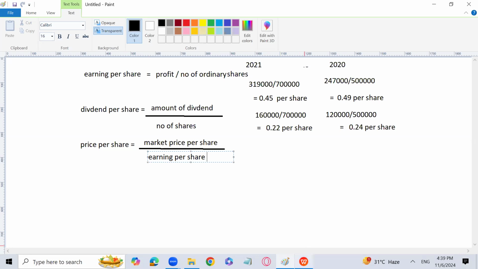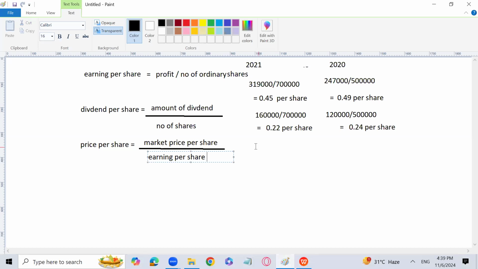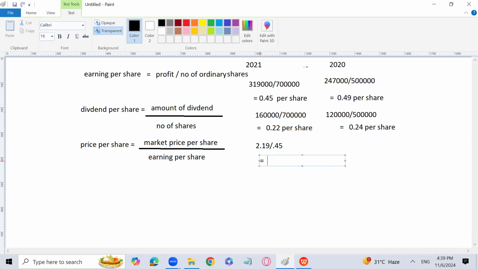So let's see, for both years. The market price per share is given as 2.19, divided by earning per share, which we have already calculated, 0.45. The answer is written in times.